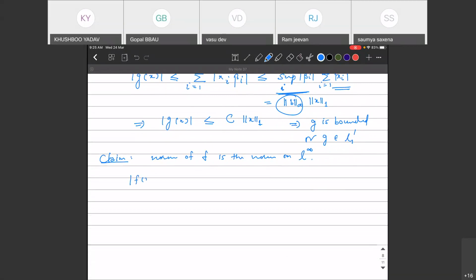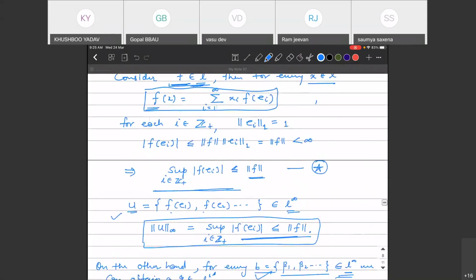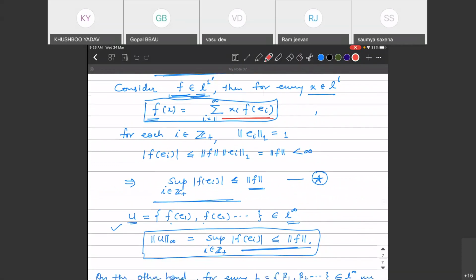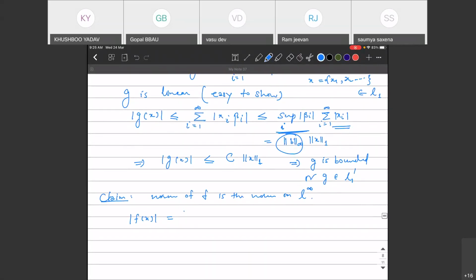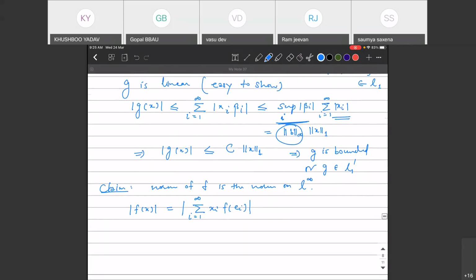So what is mod of fx? By definition, what was fx? Fx was summation x_i f_i, so this is summation i from 1 to infinity x_i f of e_i. Correct? The same thing that we did here.